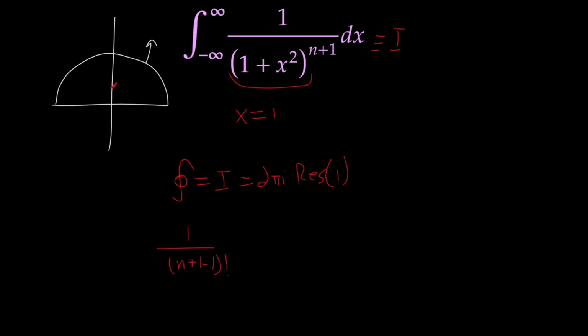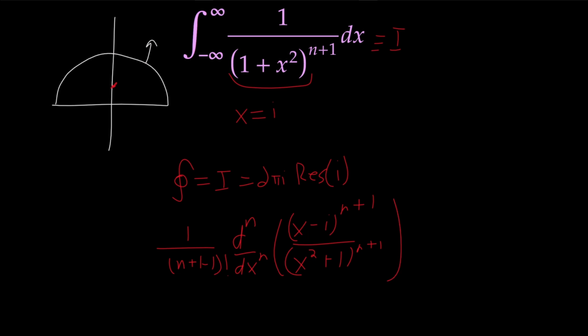And then we have the nth derivative, because n plus 1 minus 1, that's really the degree of our pole, d over dx to the n. And we have x minus I to the n plus 1 over x squared plus 1 to the n plus 1, close parentheses. But we can just write x squared plus 1 as, well, we can factor that.